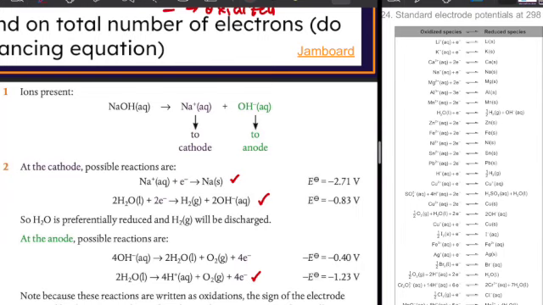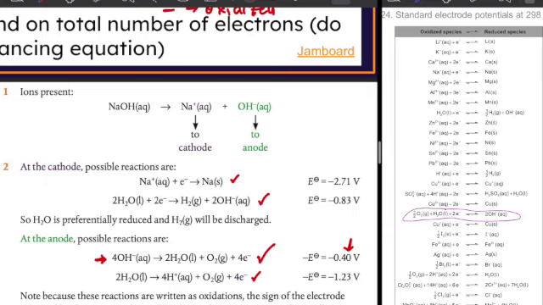I found OH minus, and I see it right here. I check to see what it looks like when it gets oxidized. Left to right shows me what happens when it gets reduced, and so right to left shows me what happens when it gets oxidized. You'll notice in this example they just scaled up so that their electrons balance, but the important thing is that they did not change the electrode potential.